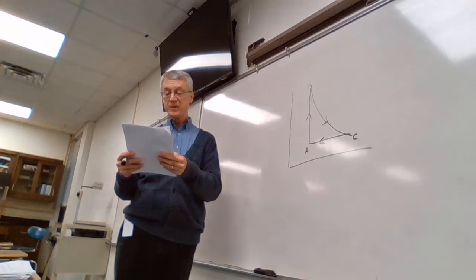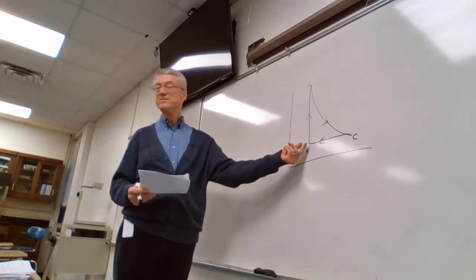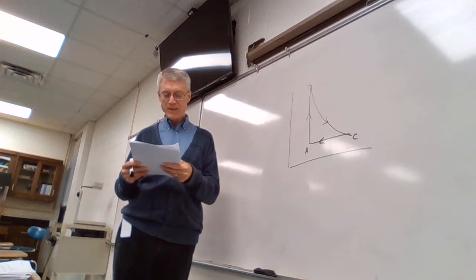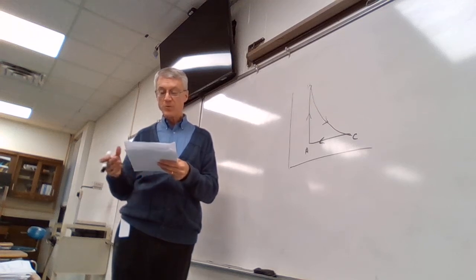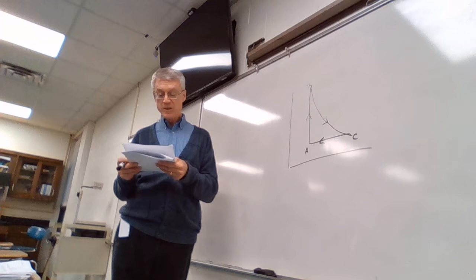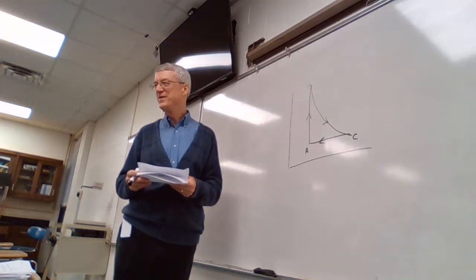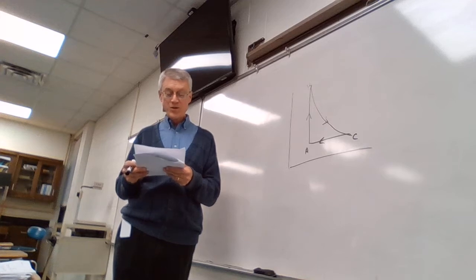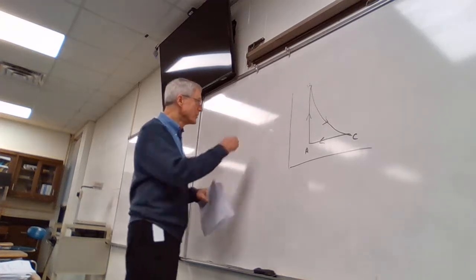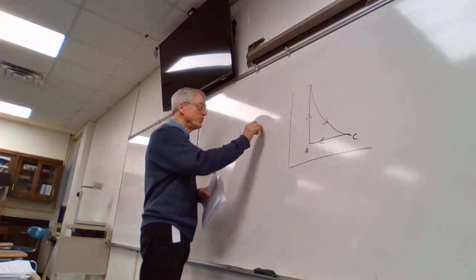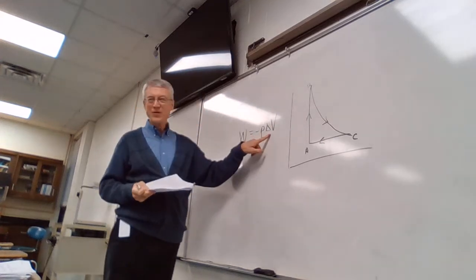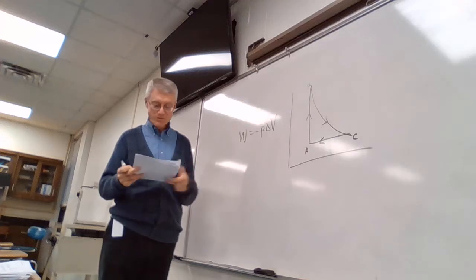Other things you could have put: there's no change in volume. If you just say that, they would give you credit for why work is 0. You could have put the piston does not move. You could have written the equation, work is negative P delta V, and then point out that delta V is 0.